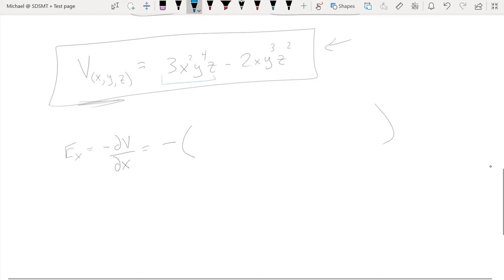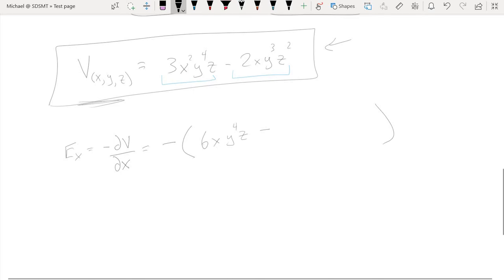Now we have two different terms, so we can take the derivative of each term individually. The derivative of the first term with respect to x is going to be 6x to the first power. And then yz just come along for the ride, because they're constants. Then we have to subtract the derivative of the next term.